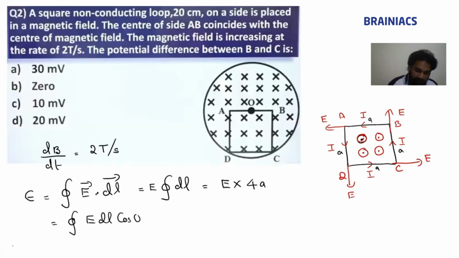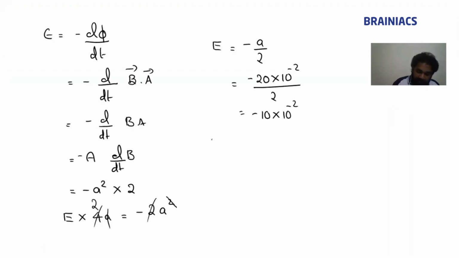Okay, now what we need to find? We need to find the potential difference between B and C. So the potential difference between B and C is E vector dot L vector. Or potential difference is electric field into length.